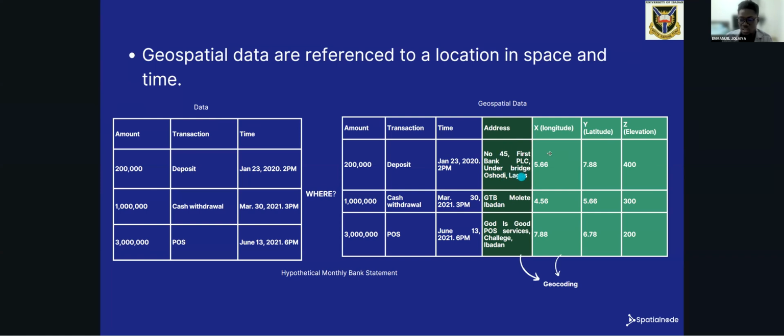What they understand is longitude and latitude, that's X and Y. So there's a concept that we use to transform these addresses to X and Y, which is called geocoding. And there's also a way we can transform X and Y back to addresses as well, which is known as reverse geocoding. What's important is knowing that there's power when you add location components to normal data, you can derive a lot of insights that way.